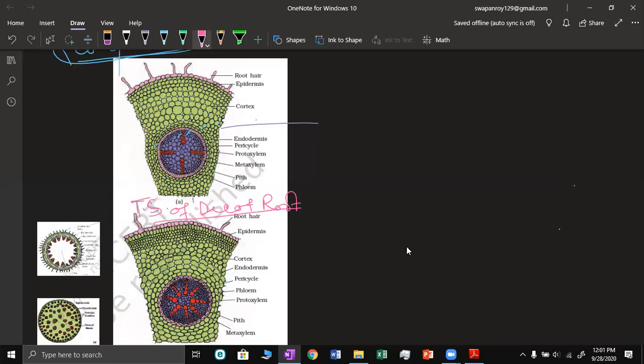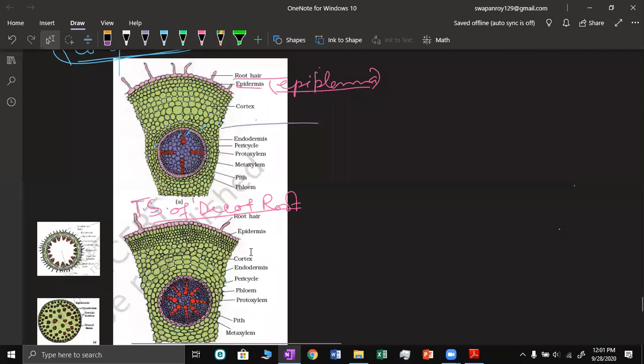In the TS, as I told, for the ground tissue here also we have to describe in the form of ground tissue. So the outermost layer is epidermis. This is also known as epiblema. This is parenchymatous, and on that the root hairs are there.